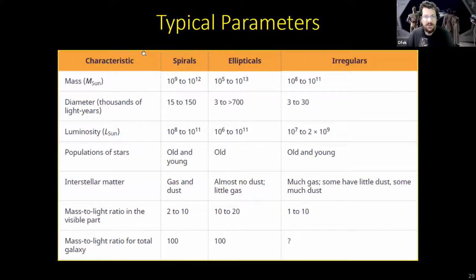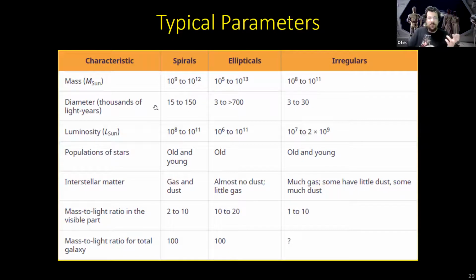Surveying many galaxies, we can learn something about their characteristics or typical parameters. For example, in mass, we see that the spirals are rather narrow in range, from 1 billion to 1 trillion, or 1,000 billion, solar masses, while the ellipticals have a much wider range, even as small as 100 million solar masses, and can be as large as 10 trillion solar masses.